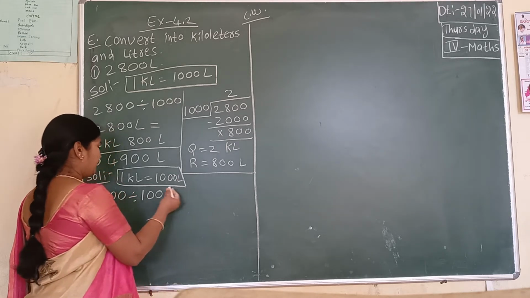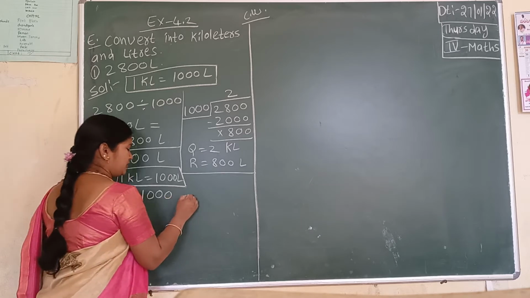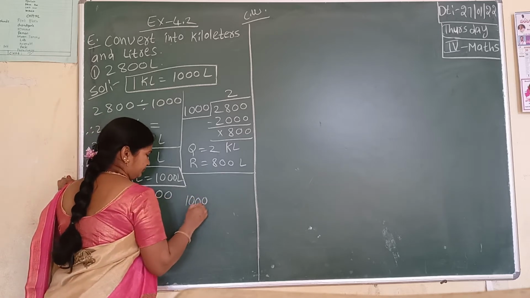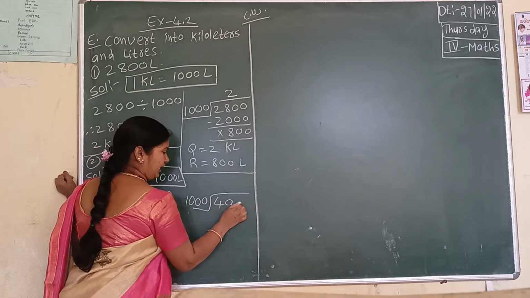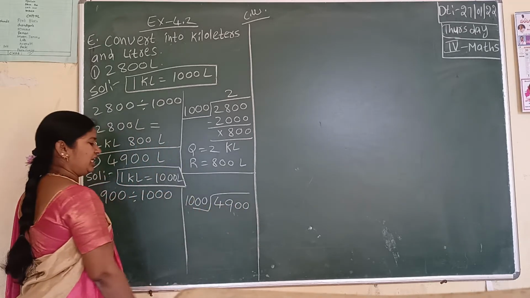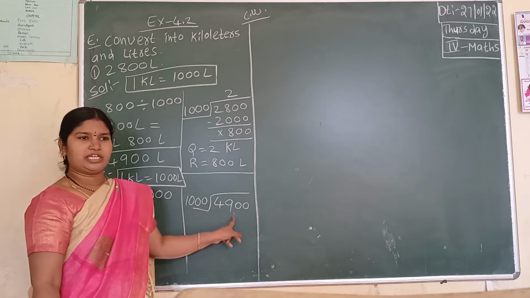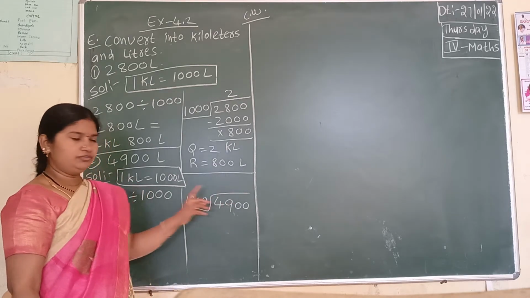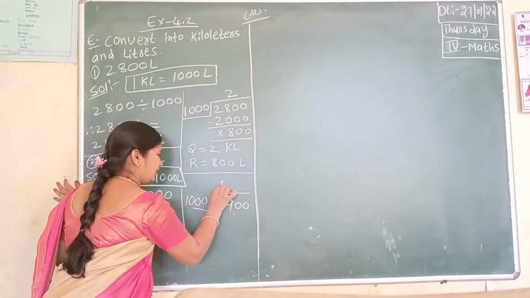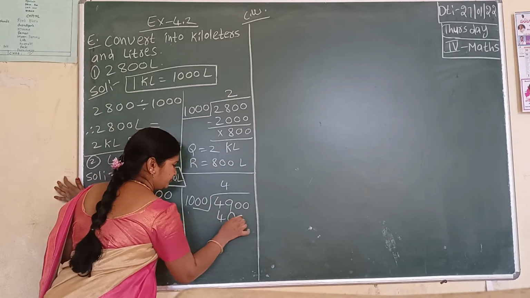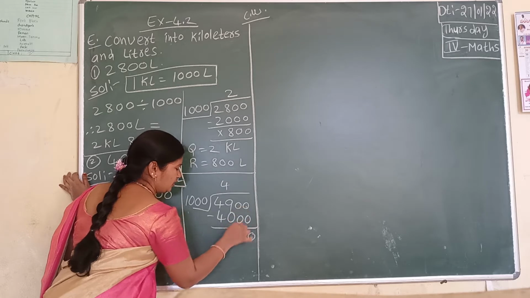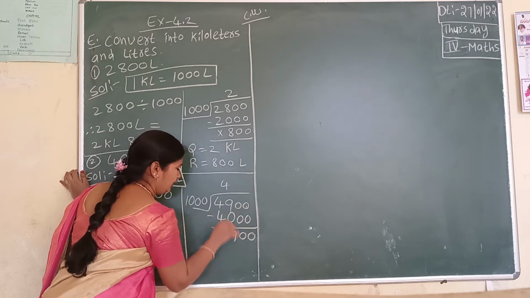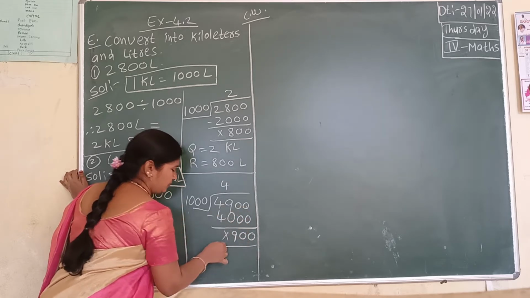Now you have to do the normal division. 4900. In the 1000 table we get 4000, 1000 fours are 4000. 0 minus 0 is 0. 0 minus 0 is 0. 9 minus 0 is 9. 4 minus 4 is 0.